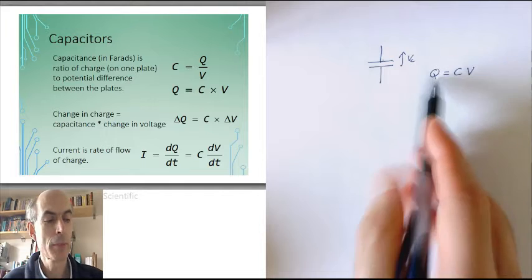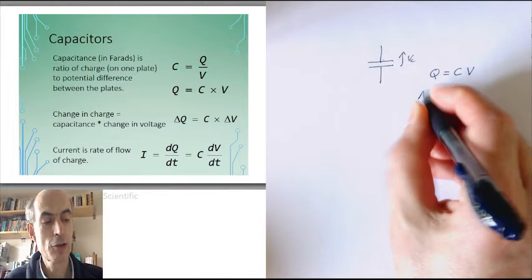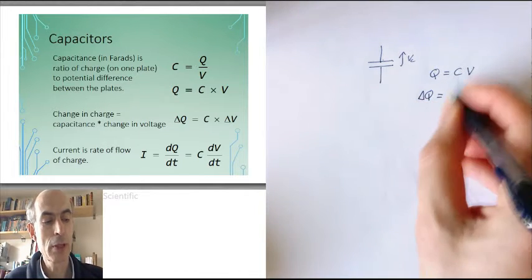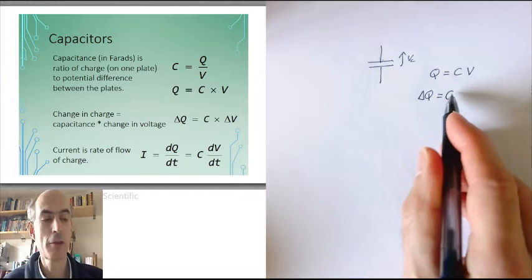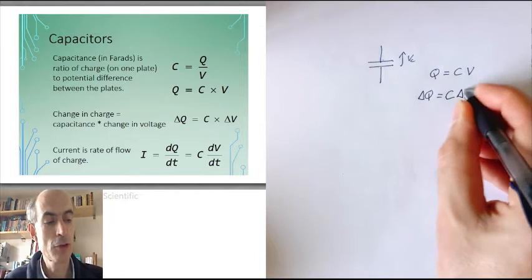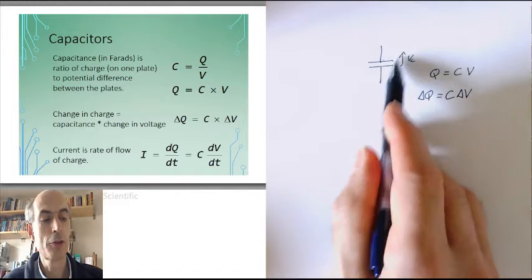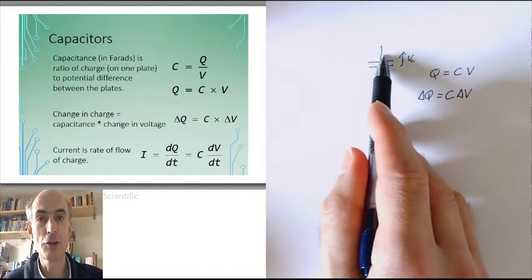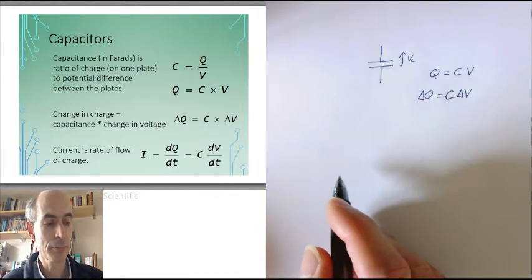From this formula, we can derive that a change in charge must be equal to the value of the capacitance in farads times the change in the voltage that is produced by that change in charge on the plates.